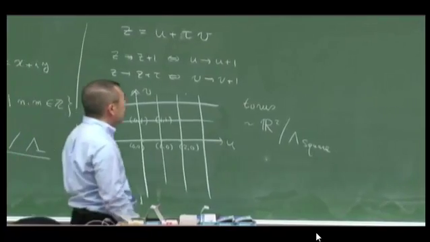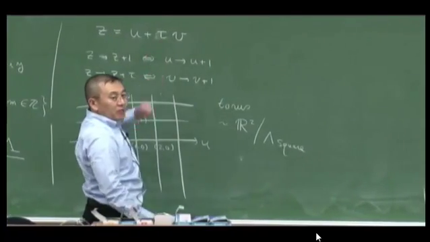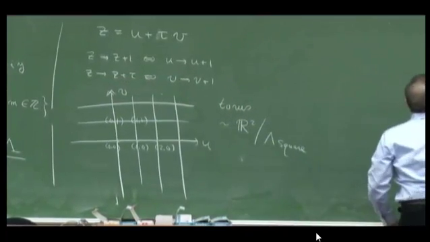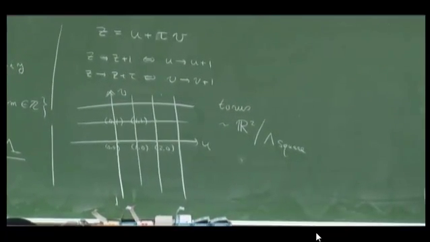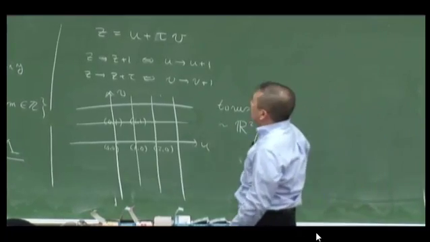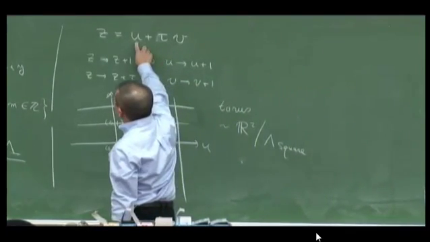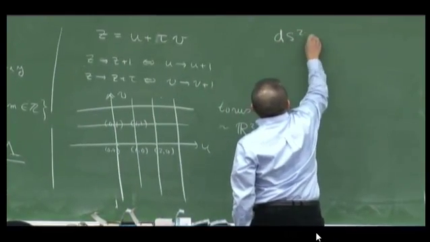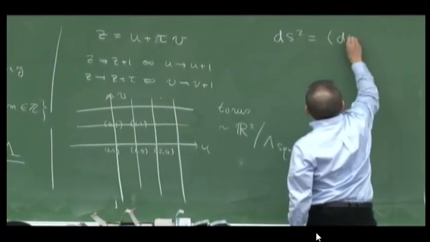Okay? But where does this information about the modulus tau go? Well, it went into describing the metric. Because if you substitute this coordinate z into the metric, then the metric now takes this form.